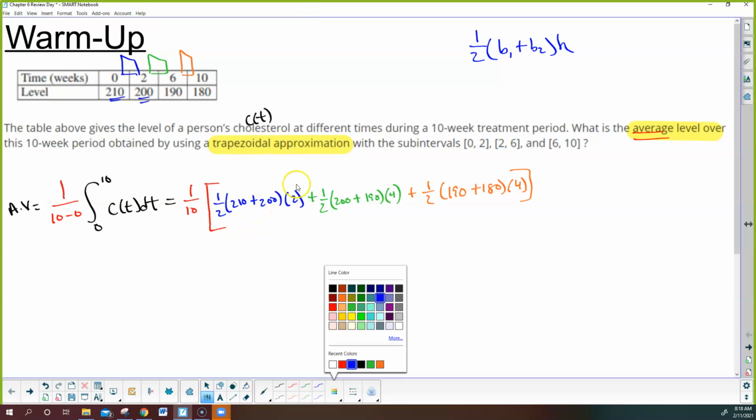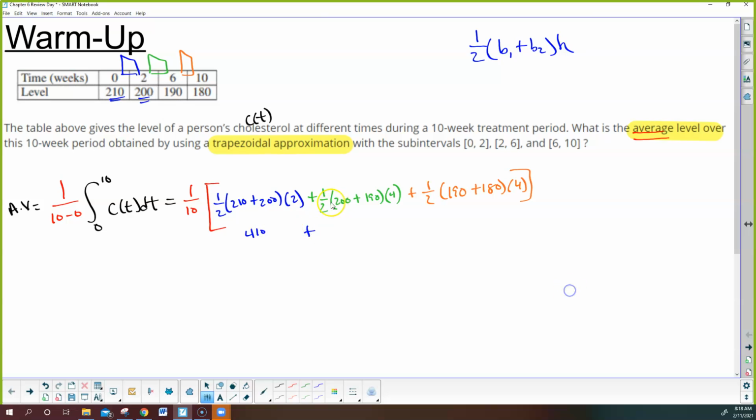So let's see, 210 plus 200 is 410, and then the 1/2 and the 2 are going to cancel out, so that's 410. Here we get 200 plus 190, which is 390, and then cut in half times 4, or really just 390 times 2.